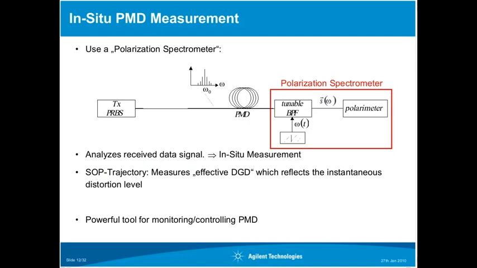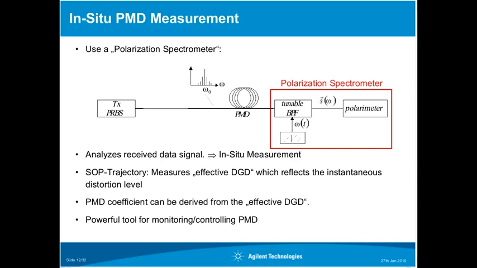So we can just tap off some light, and take a look at the polarization state. By looking at these polarization trajectories, we can measure a parameter called effective differential group delay. The effective differential group delay essentially reflects the instantaneous distortion level. I'm sure most of you know the differential group delay.